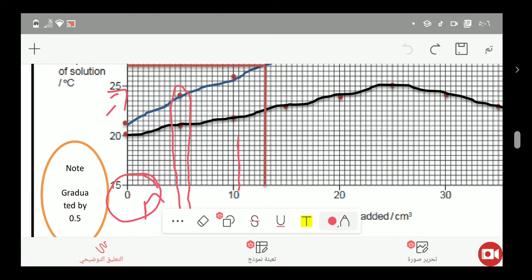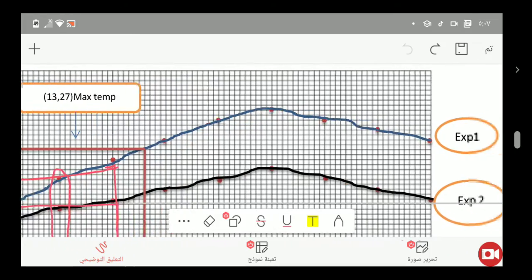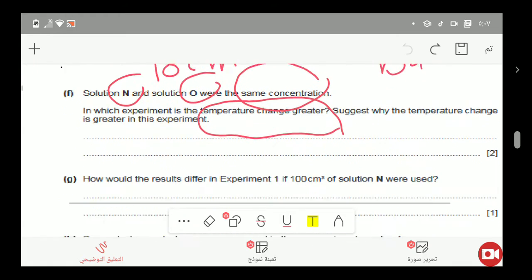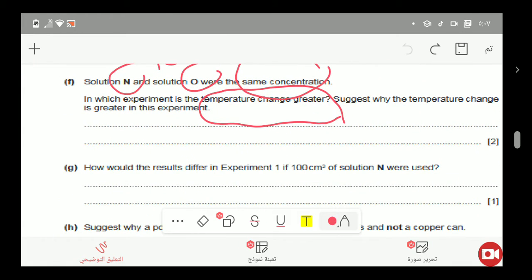At 10 the temperature here may be near 21. At the same 10 we move to the other curve, the temperature for 10 centimeter cubed is near 24. So this curve belongs to experiment number 1, which has the high temperature change. So experiment number 1 has a greater change of temperature.